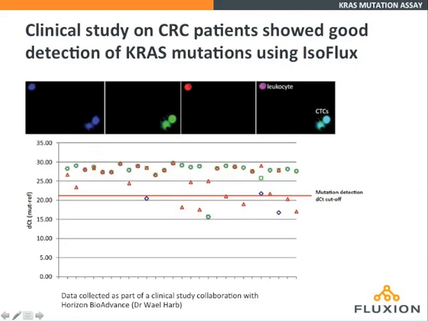Finally, I'd like to present some data from a clinical study on CRC patients that shows the detection of KRAS mutations using this workflow and this approach. So basically, each sample on the x-axis here is representative of a patient, and this data is not fully annotated because it's being prepared for publication, but there are a few take-home points that I can share with you.